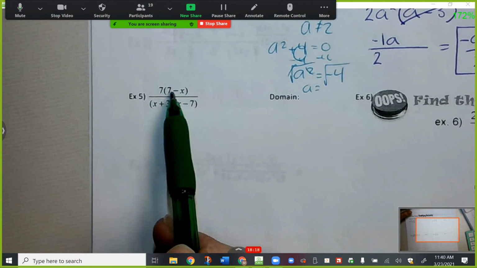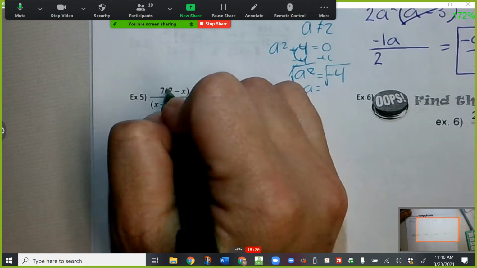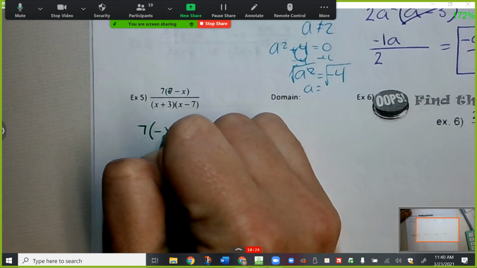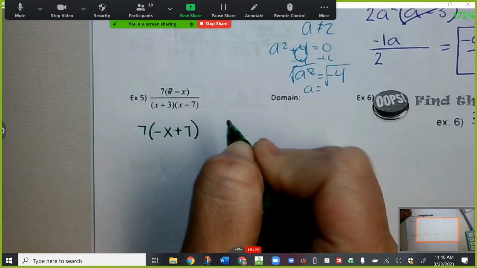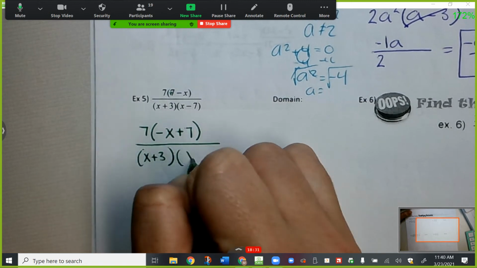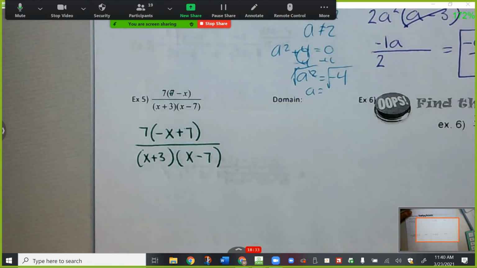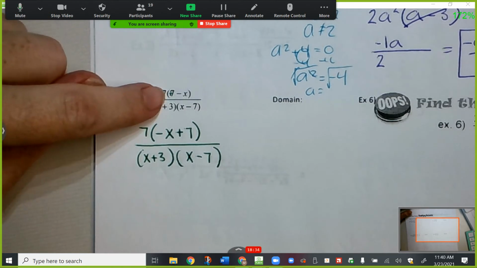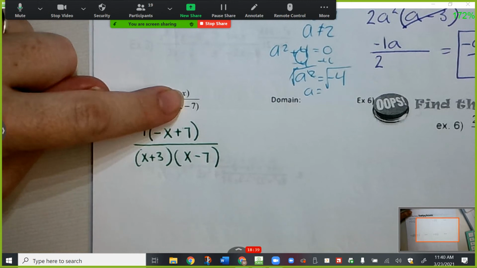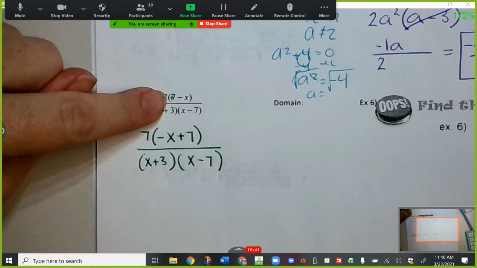So when we flip it, I want you to realize that's a positive 7. So we get negative x plus 7 over x plus 3, x minus 7. And now the reason order matters is because if you look at this right away, you might have thought that those two can cancel each other, but they can't because this is technically what that is.